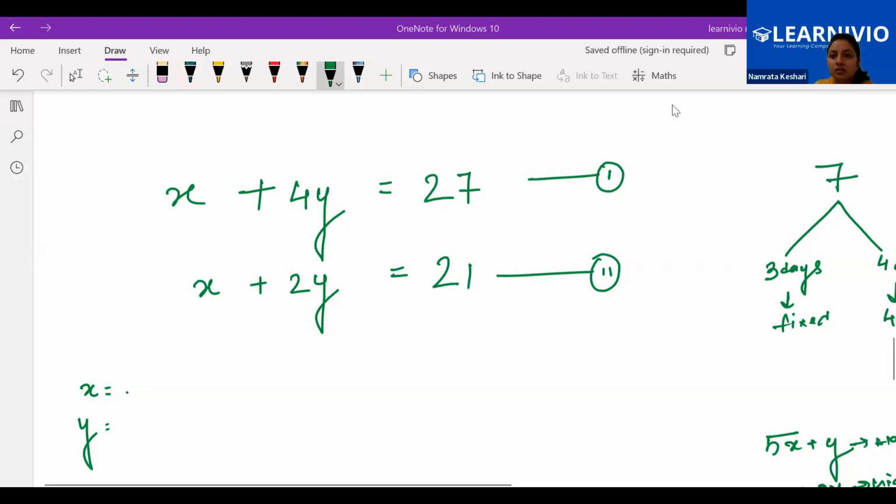Yes, Harshit, your solution is perfect, but the method you have used is the substitution method, where you are taking the x value from one of the equations and substituting it in the other equation. That's called the substitution method. However, your answer y is 3.25.